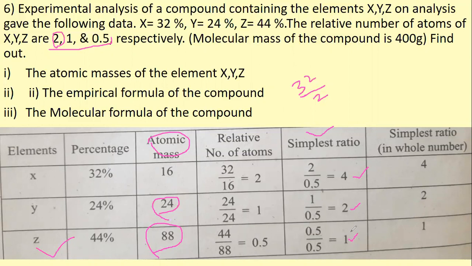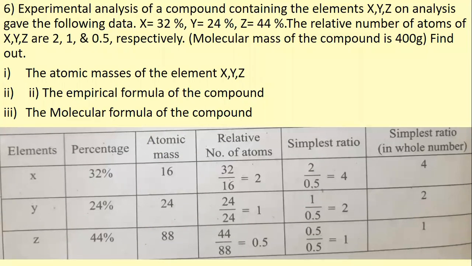Suppose if we have this kind of decimal; if we have normal integers, we can easily go and find the empirical formula and molecular formula, but here we are having decimals. So what we have to do is convert it into the simplest ratio by simply adding the same number. Okay, so now we get the simplest ratio 4, 2 and then 1. So now we can tell X will be 4, Y 2 and then Z 1.